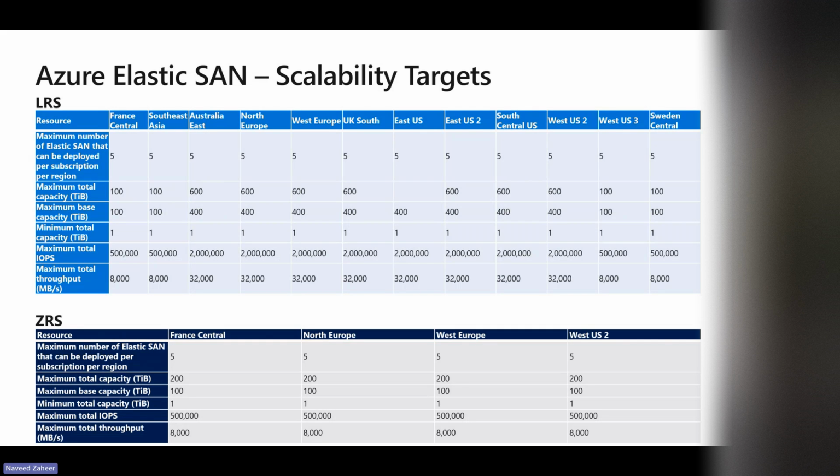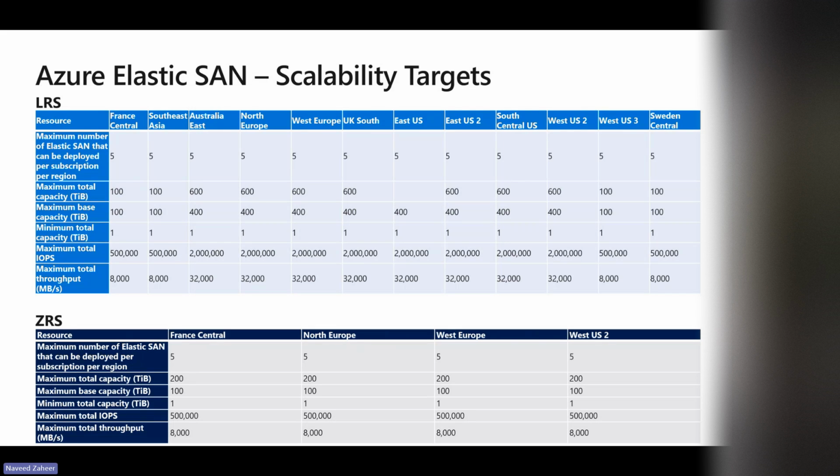For example, in certain regions like France Central, the maximum IOPS that you can go to is 500,000 per SAN. That's the provisioned IOPS. On the other hand, in East US 2, you can go up to 2 million IOPS, and you can go up to 32 gigabits per second of throughput.